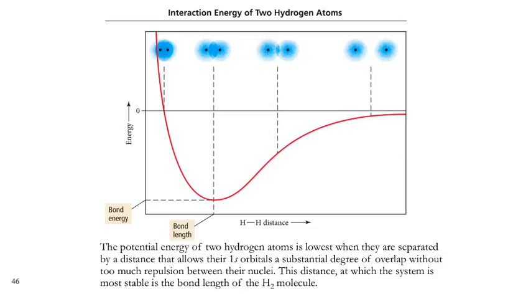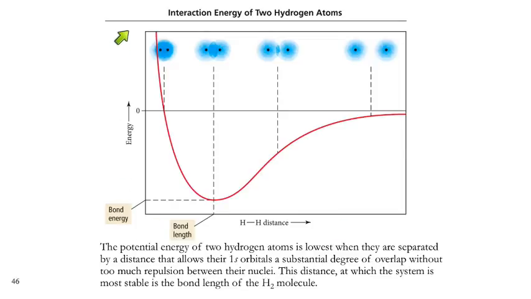So let's look at two hydrogen atoms. They each have one electron. That electron is in an s orbital, which is spherical. So here we have our two hydrogen atoms and this electron cloud representing the density of that one electron. As they're approaching each other, this here is the distance between the atoms, and on the y-axis we have the energy.